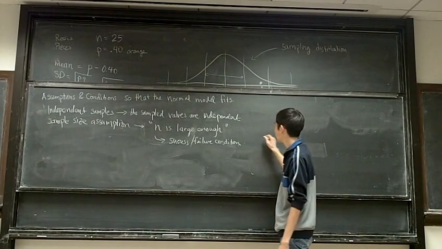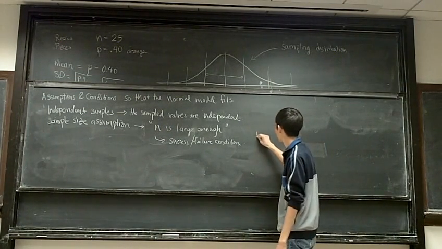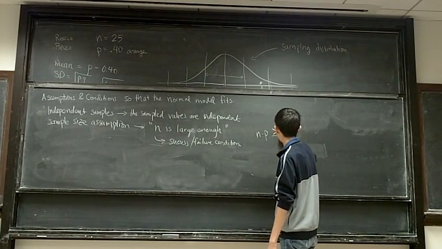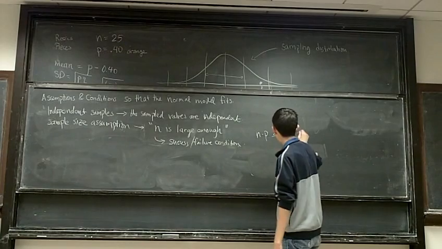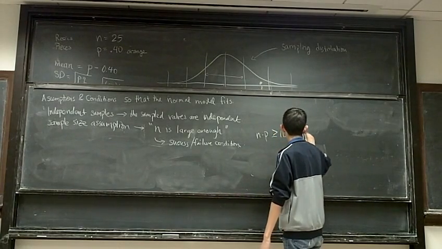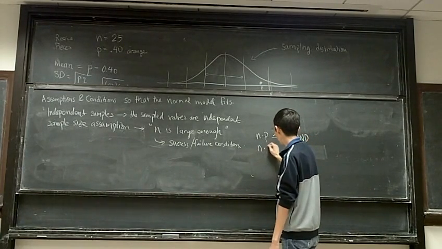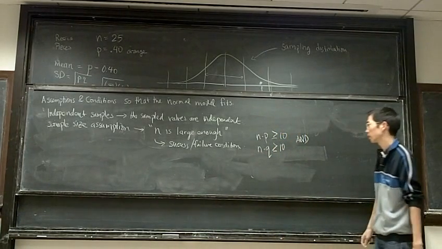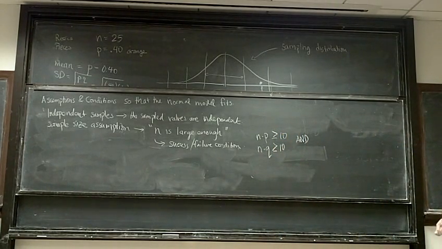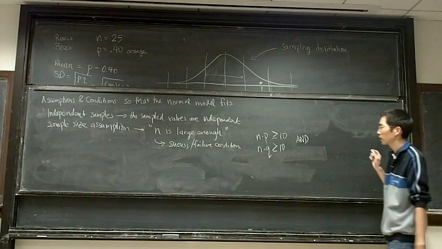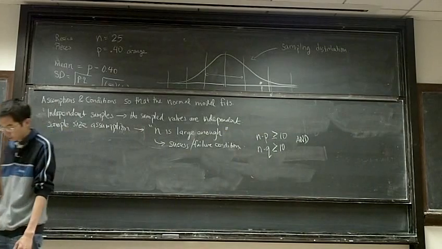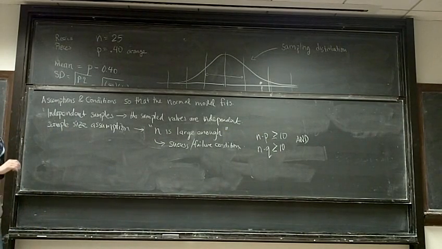Here we're going to say n times p must be greater than or equal to 10, and n times q must be greater than or equal to 10. So this is one of the conditions for n is large enough, or n is the right size.